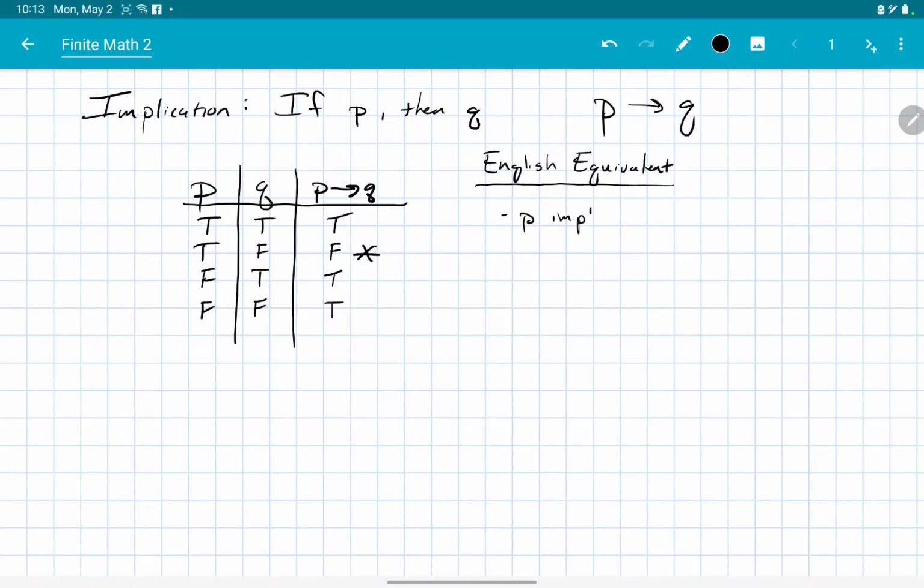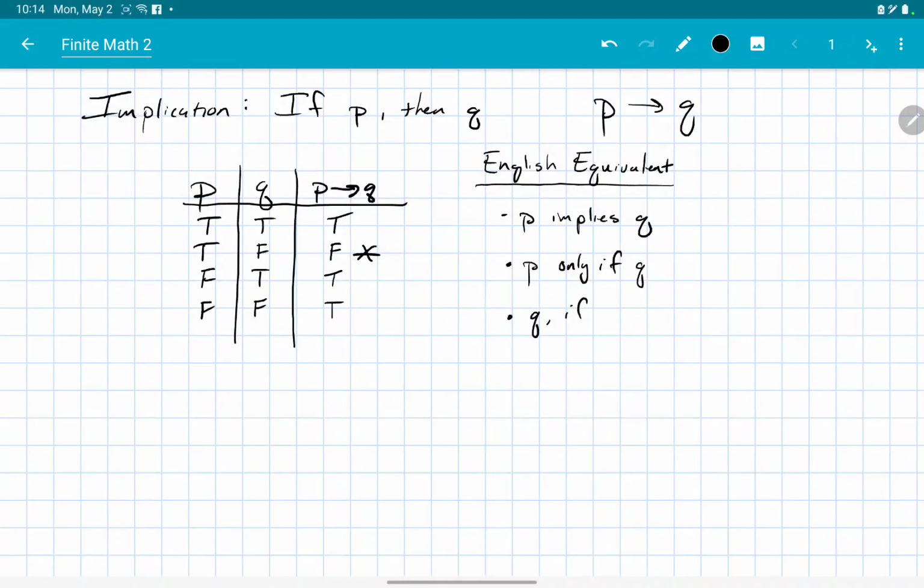P implies Q. A number being divisible by 4 implies the number is even. P only if Q. A number is divisible by 4 only if it is even. That's the only way for a number to be divisible by 4. It can't be divisible by 4 if it is not even.